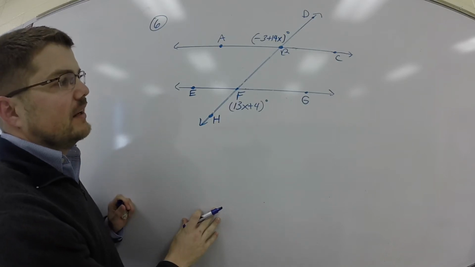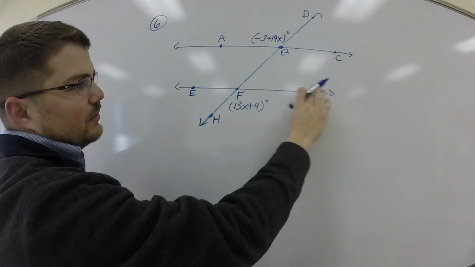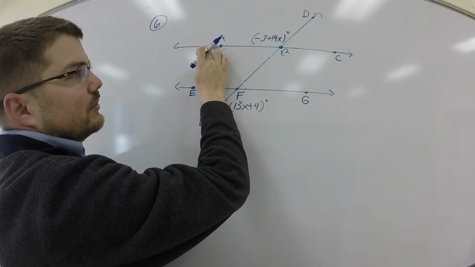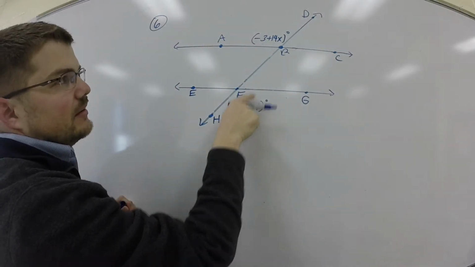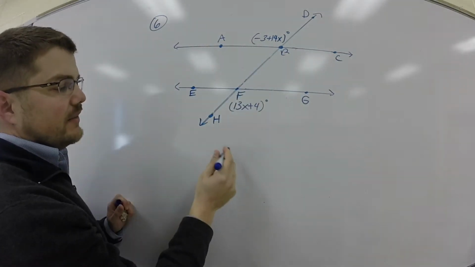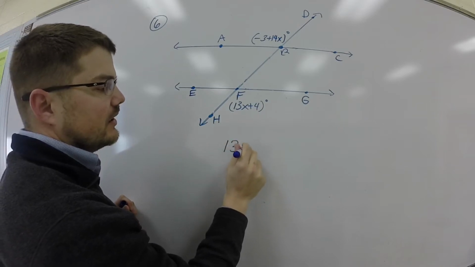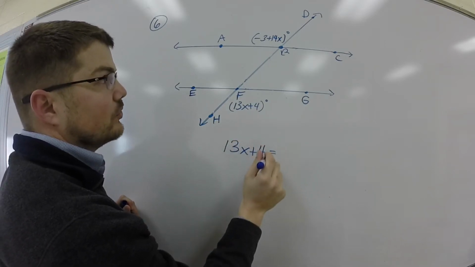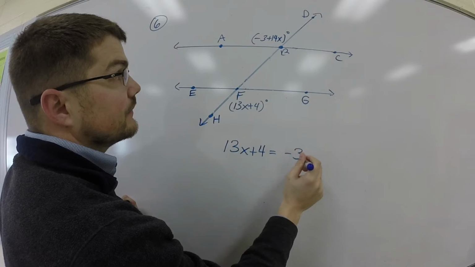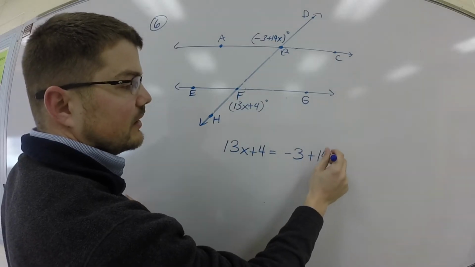What do we know about these angles? This is an obtuse, this is an obtuse, so I know that this equals this. Let's write that equation: 13x plus 4 equals negative 3 plus 14x.